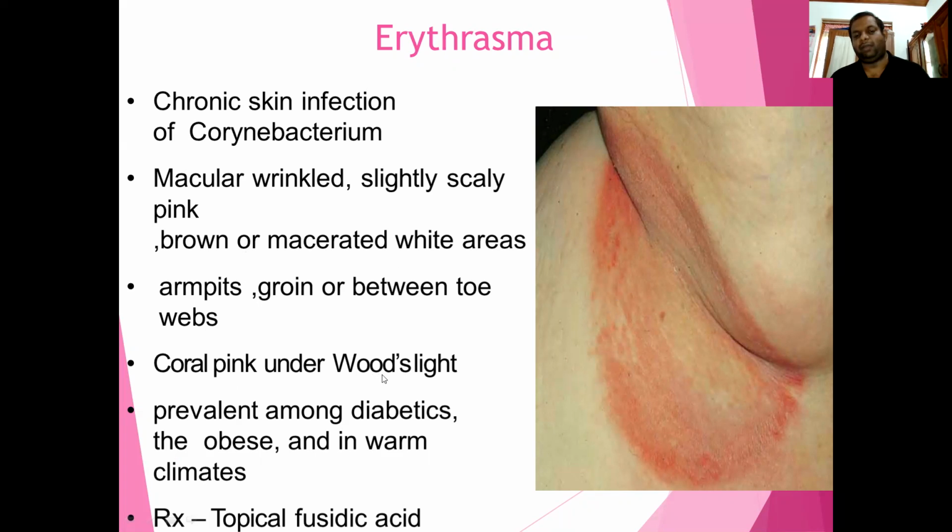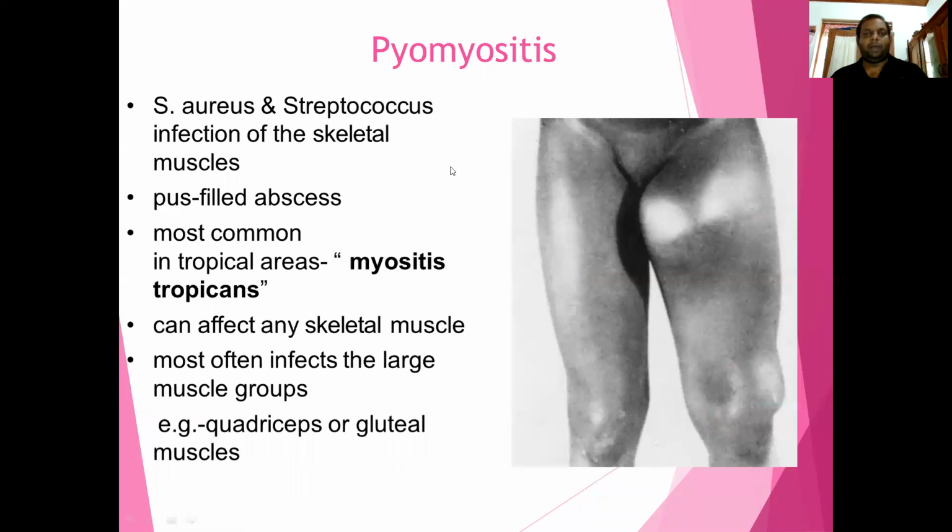If it's not done, but earlier, the Wood's lamp, I think we discussed in mycology, sometimes we offer. So initially we may think of it as a fungal infection. That's why we offer the Wood's lamp. It's prevalent in diabetics, the obese, and in warm climates. Topical fusidic acid is prescribed.